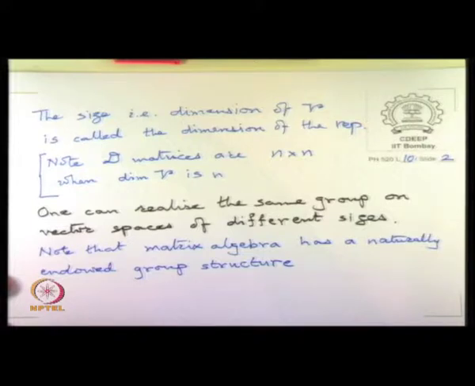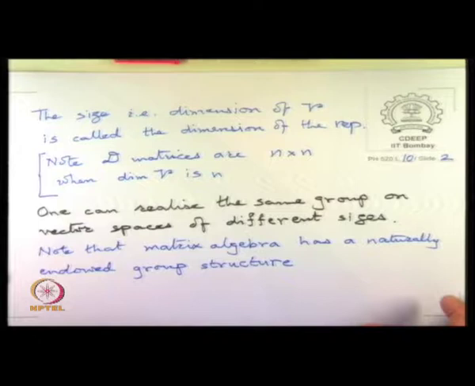Because even natural numbers have a group structure, because you can add things and subtract things, and so there is some group operation you can identify within your already existing knowledge of this algebra.